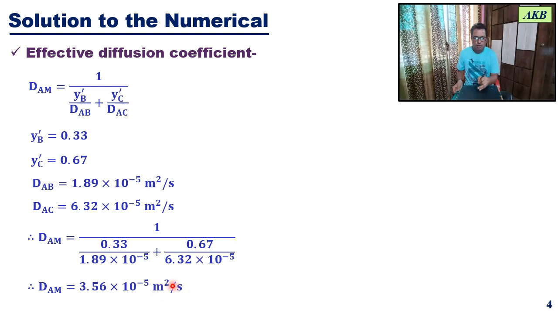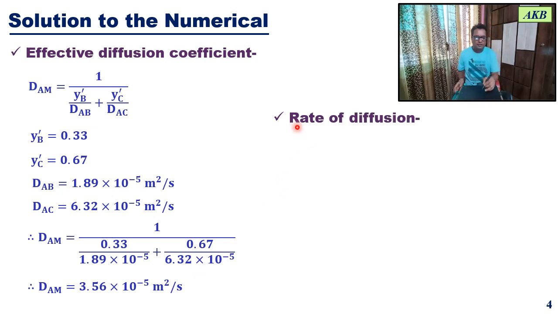So at the end of this calculation, we know the effective diffusion coefficient of component A in the mixture, and that is the only component that is diffusing. So that ends calculations for the effective diffusion coefficient. At the end we have got a value for the diffusion coefficient.